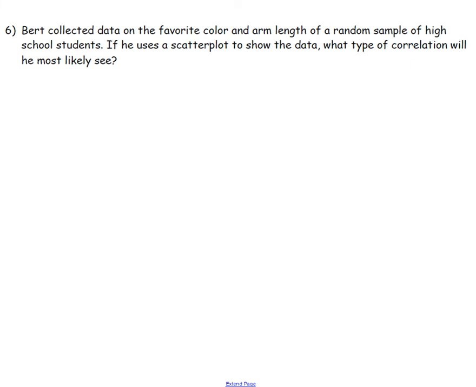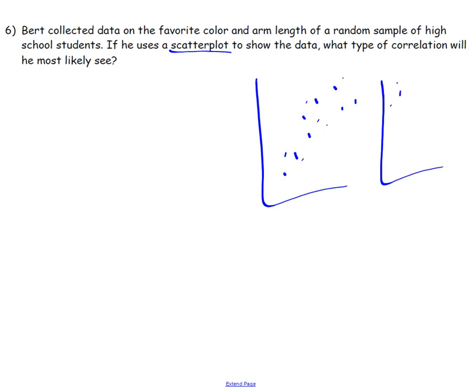Bert collected data on his favorite color and arm length of kids. So if we want to make a scatter plot out of this, what is that? Scatter plots are the graphs that look like this.